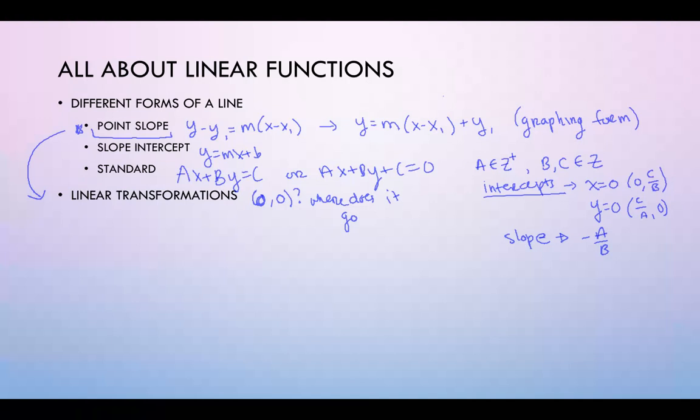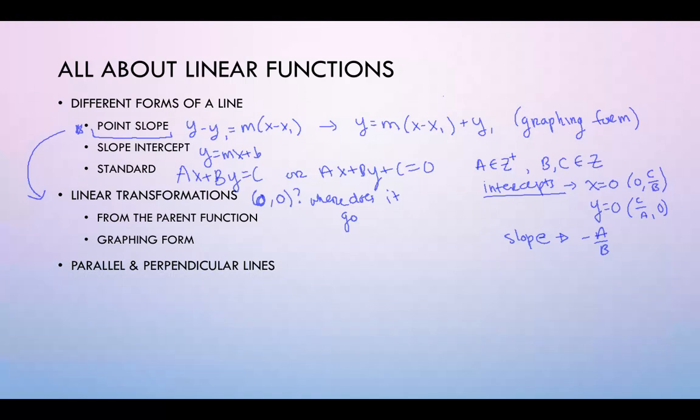Which means is it a vertical stretch or vertical shrink? Is it a reflection over the x-axis? Does it go up or down? Like, is it increasing or decreasing? So it's from the parent function. Use that graphing form, right? M is going to change how steep or flat it is. The vertical stretch versus vertical shrink.